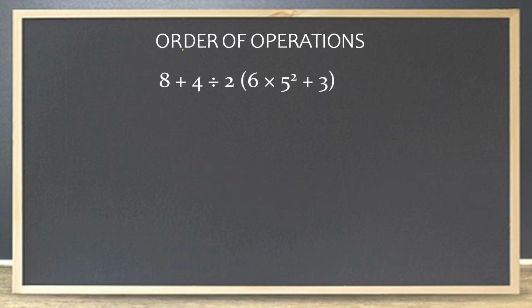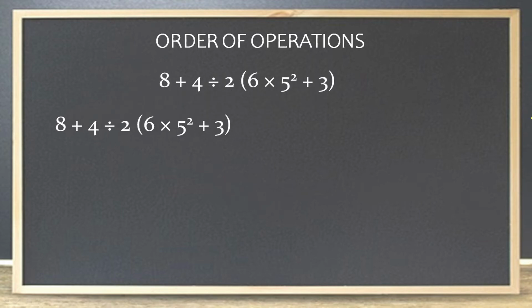There are times that a particular expression may have two or more operations in that identical problem, and there is a set rule that we follow when solving such problems. So what we will do is look at two scenarios to see how different and how wrong our solution may be if we don't follow the appropriate order.